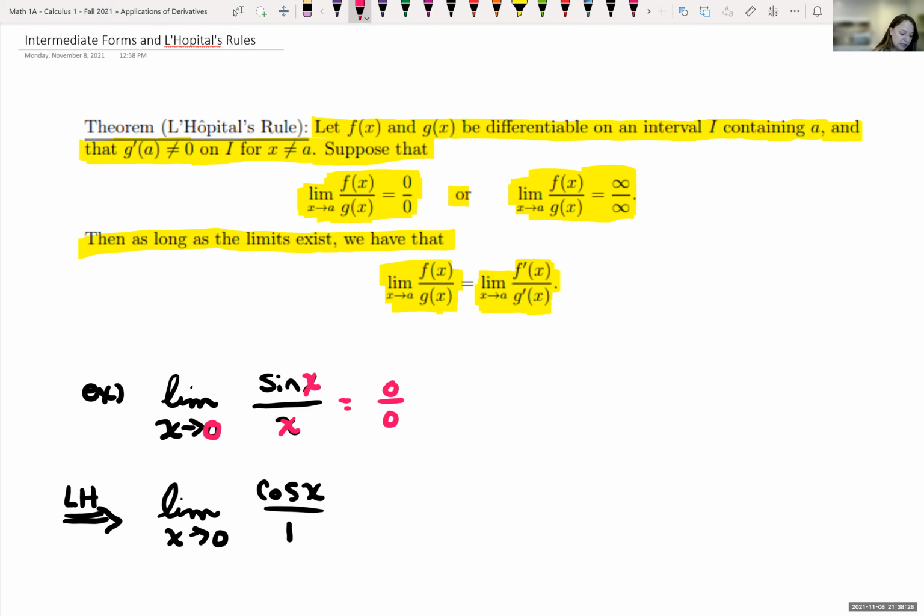Now when we do direct substitution and plug in 0 wherever we see an x, we get cosine of 0, which is 1, all over 1, which is 1. We already knew we should get back 1, since we've dealt with that limit before, but we showed it now using L'Hopital's rule.